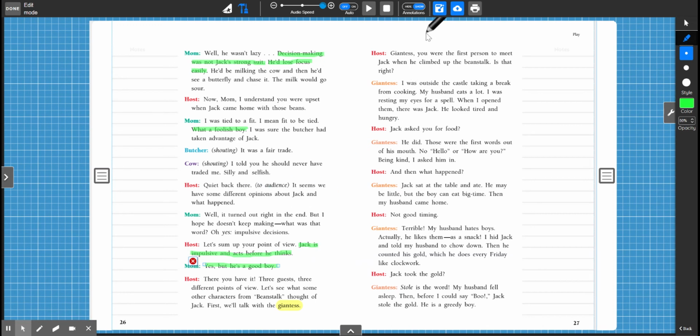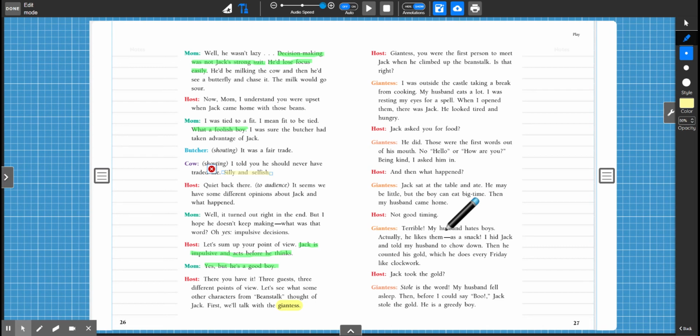Now, let's go back to the cow. So that was your first one. Mine was yellow. And the cow believes that Jack is silly and selfish. So we have one more thing to prove that the cow thinks he's silly and selfish. Okay, so we are now going to write a little summary together.